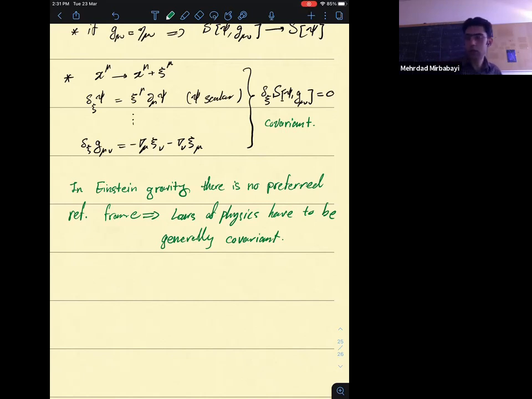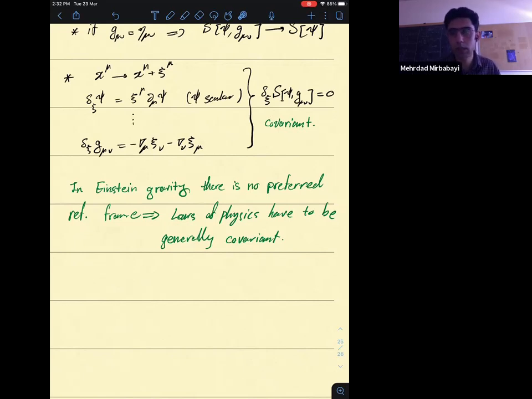Okay, so the question is, what are the exact rules for constructing this generally covariant action? I mentioned some of them here. We decompose fields in terms of scalars, vectors, and tensors, according to their transformation properties under coordinate transformations, and then we construct local actions so that if we apply a general coordinate transformation, the action doesn't change.